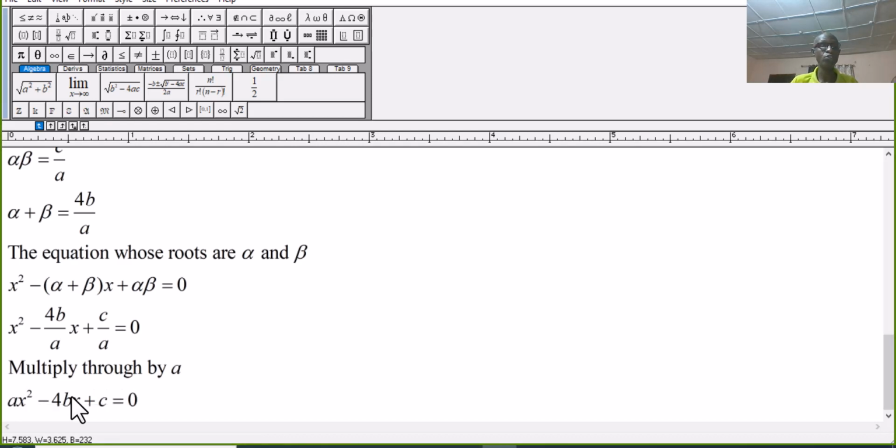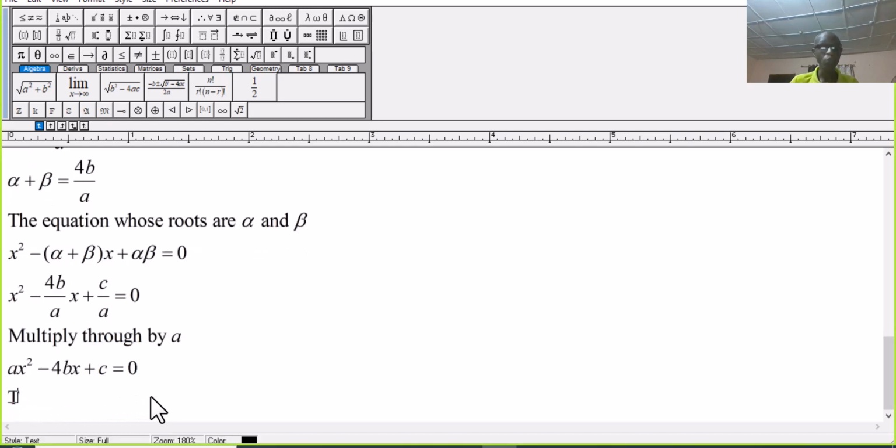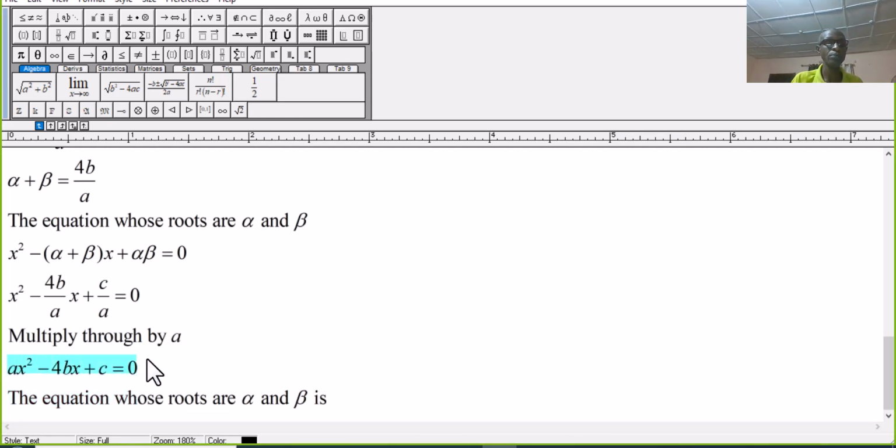So this is the equation that we are looking for. This is the equation. So we can see that the equation whose roots, okay, let's look at this, is this one.